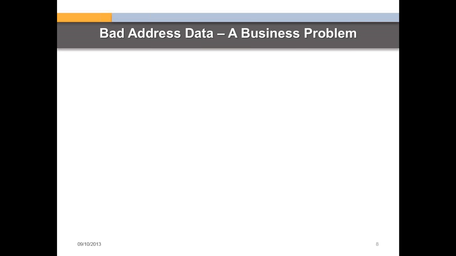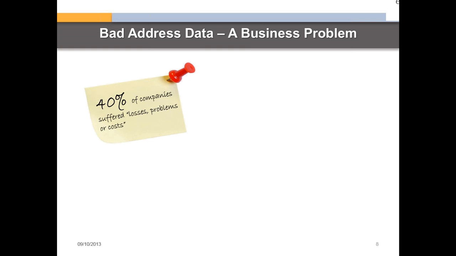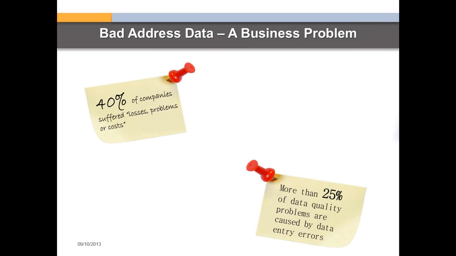Now thankfully we're not the only ones who have taken a look at how bad address data can affect your organization. According to TDWI report series, Data Quality and the Bottom Line, 40% of companies suffered losses, problems, or costs as a result of poor quality data. Approximately 25% of data quality problems are a result of data entry errors.